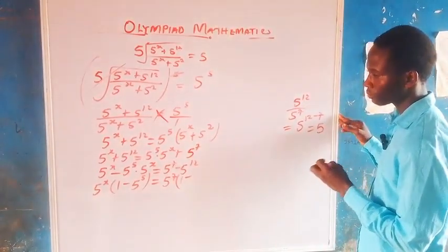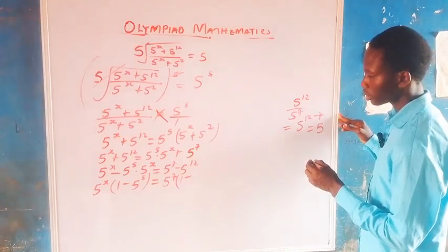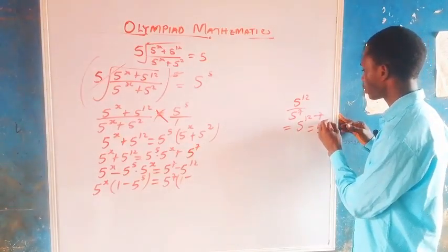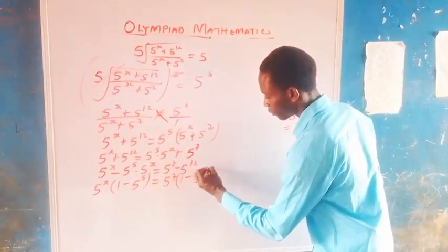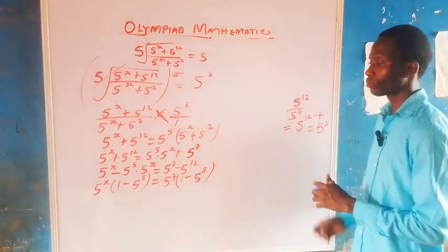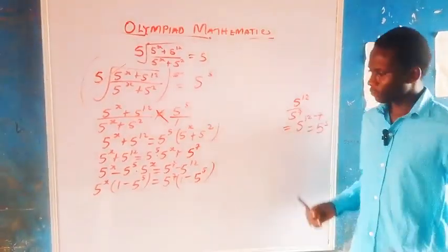Oh, sorry, that should be 5 to the power of 5, okay? Now, this is minus 5 to the power of 5, okay? That's cool. All right, let's continue from there.